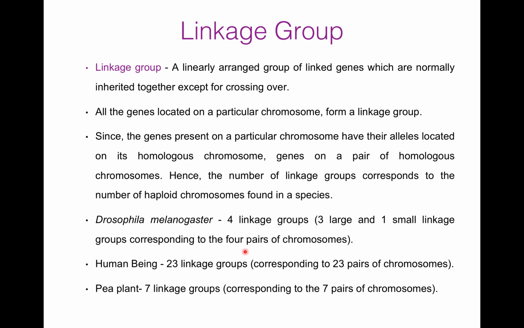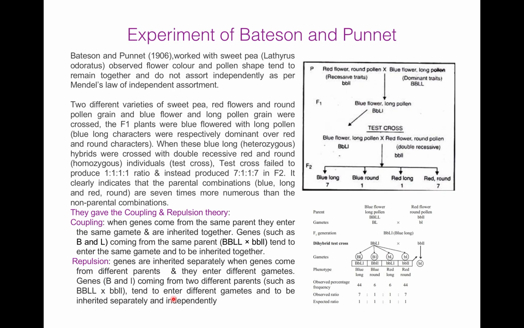That's why linkage groups are 4. Same in human beings, there are 23 linkage groups corresponding to 23 pairs of chromosomes, not to 46 chromosomes. In the pea plant, 7 linkage groups correspond to 7 pairs of chromosomes. So these are linkage groups.